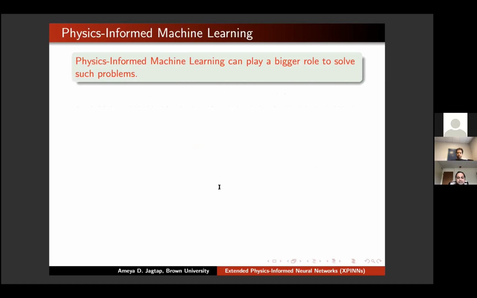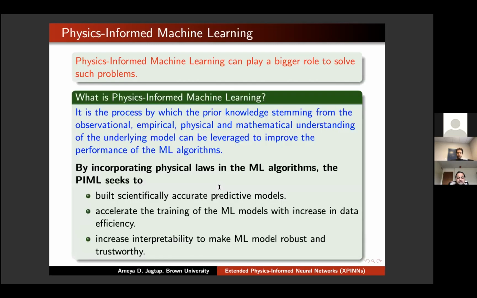So what is physics-informed machine learning? It's basically a dictionary definition: a process by which the prior knowledge stemming from the observational, empirical, physical, and mathematical understanding of the underlying model can be leveraged to improve the performance of the ML algorithm.